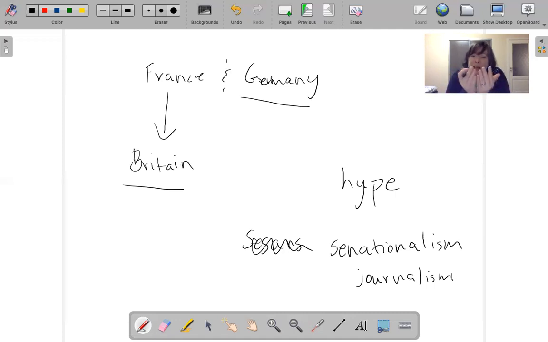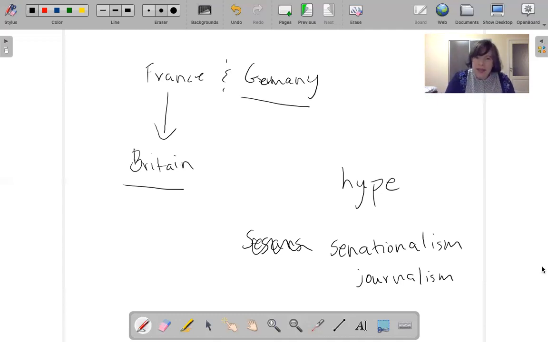So when people read the newspaper, it says, Germany buying more weapons. Are they planning to attack us? And then the German newspapers would read, Britain buying more weapons. Are they planning to attack us? And so it gets all the people out on the streets that read the newspapers going, oh my goodness, is Germany about to attack us? Or is Britain about to attack us? Are we going to war? And all of this was making people more and more anxious.